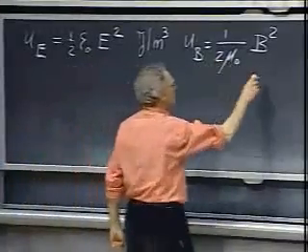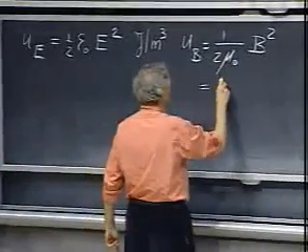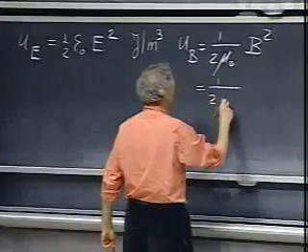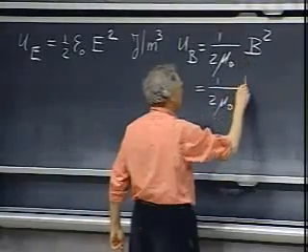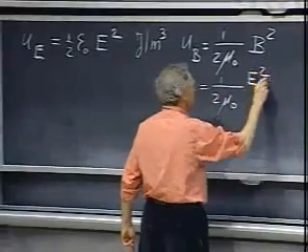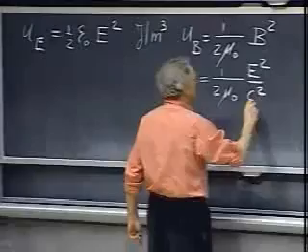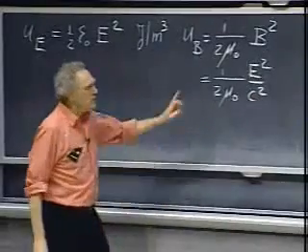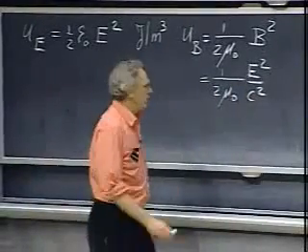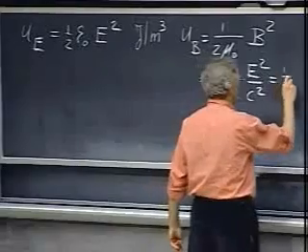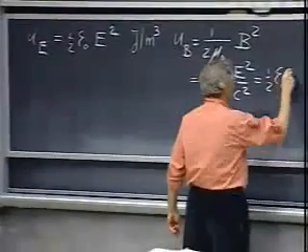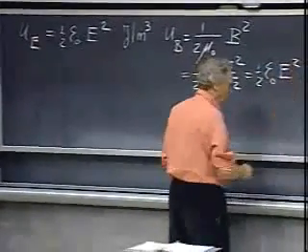So I can replace B squared by E squared divided by c squared. But c squared is 1/epsilon 0 mu 0. So this is also 1/2 epsilon 0 E squared.